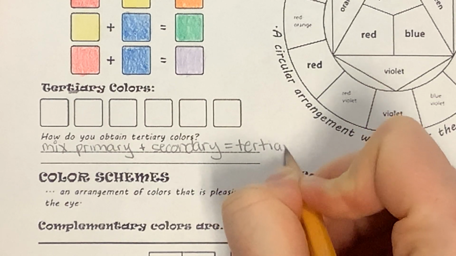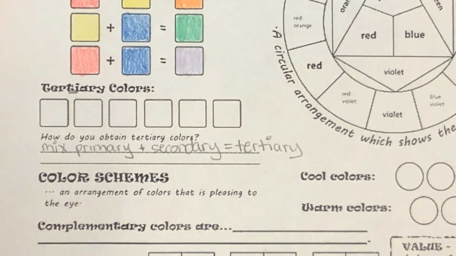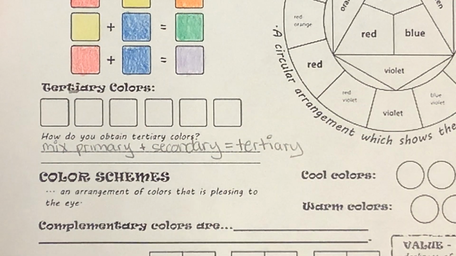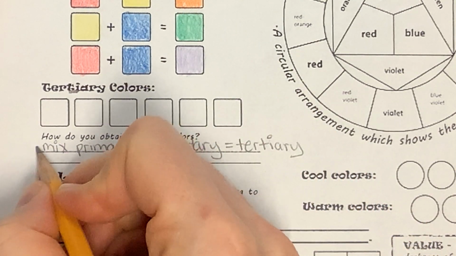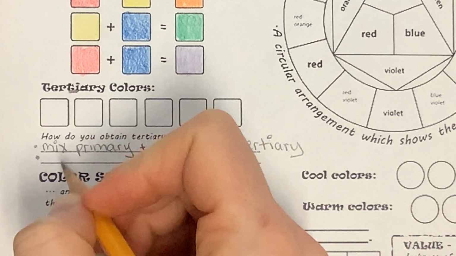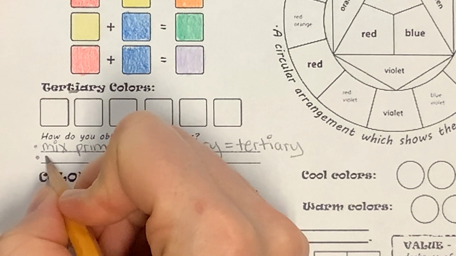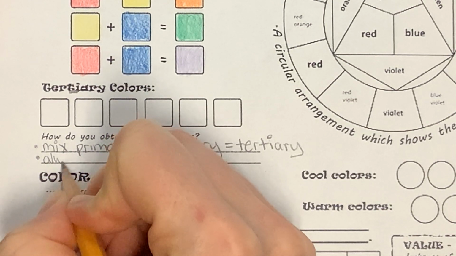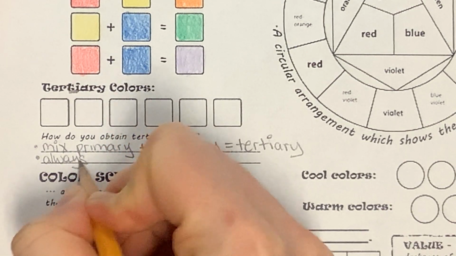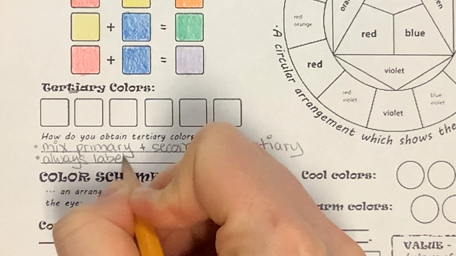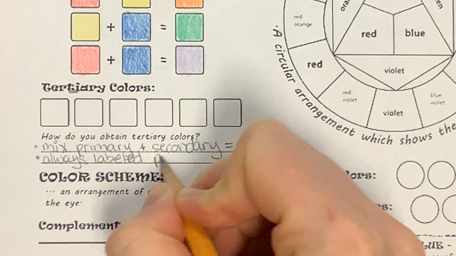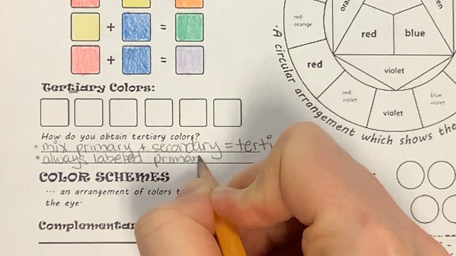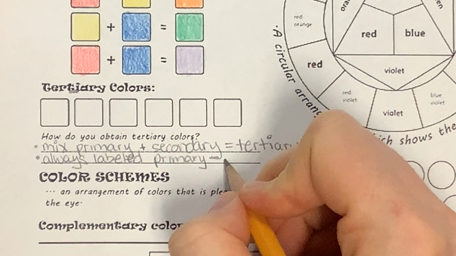Everyone say tertiary. Very good. And then my last little note is that you're always going to label that primary then secondary. So I'm going to make another little bullet and write: always labeled primary dash secondary.